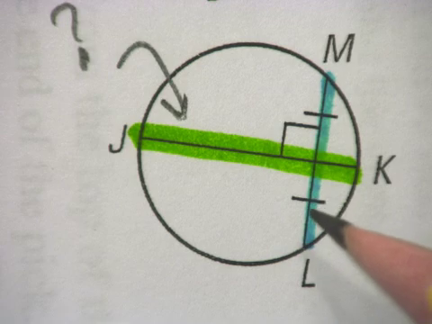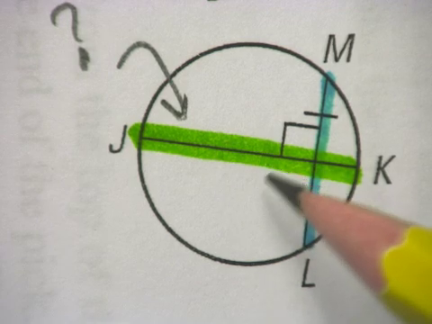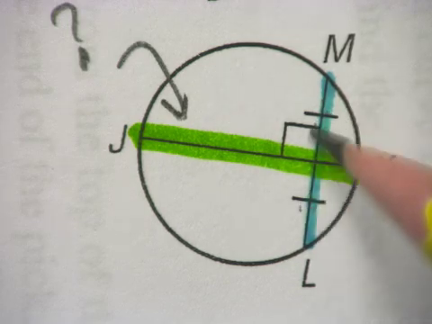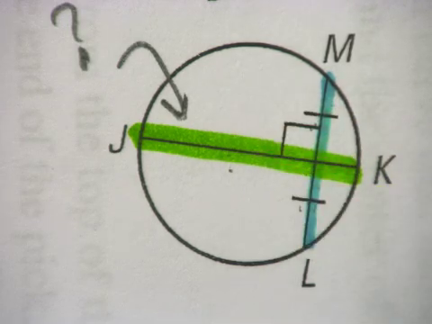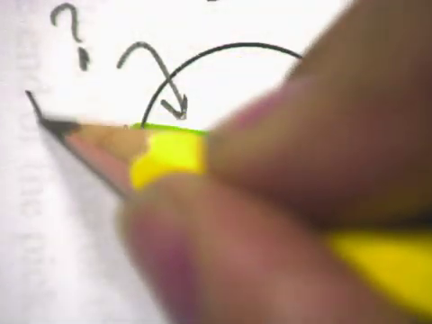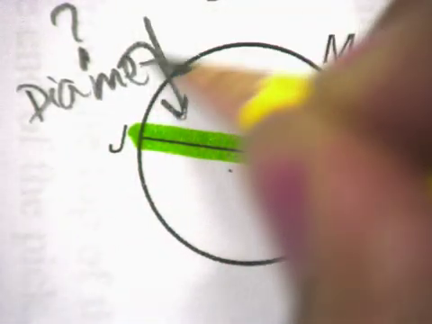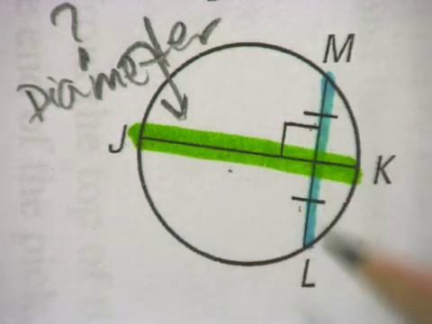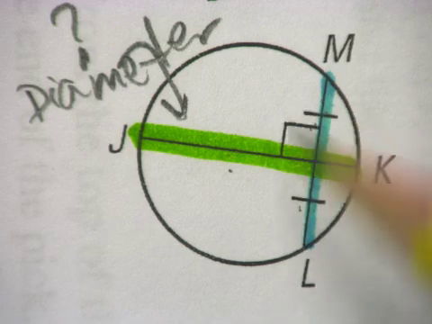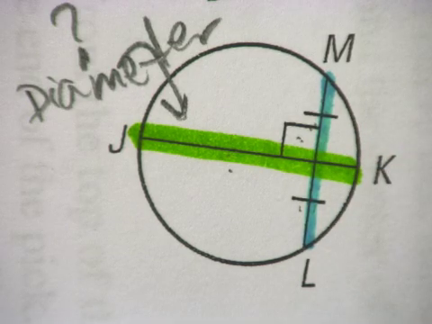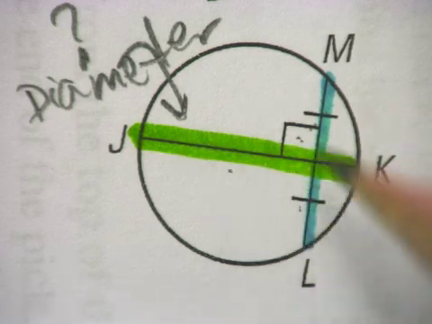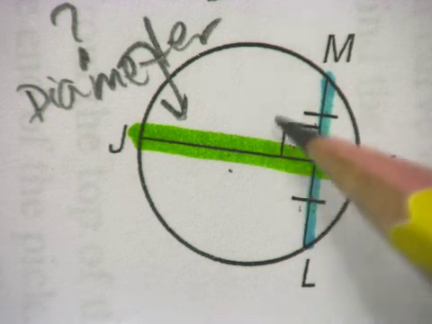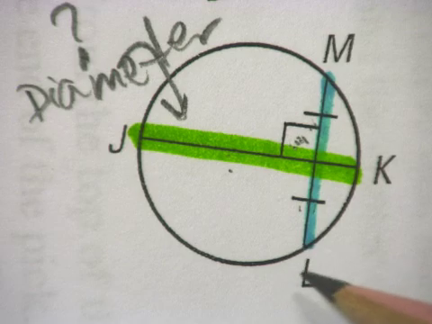Here's what this rule is saying. If I have one chord in green and another chord in blue, and this chord in green is cutting the blue one into two congruent parts, then the first one has to be a diameter, because the diameter is the only kind of chord that can bisect another chord and be perpendicular.